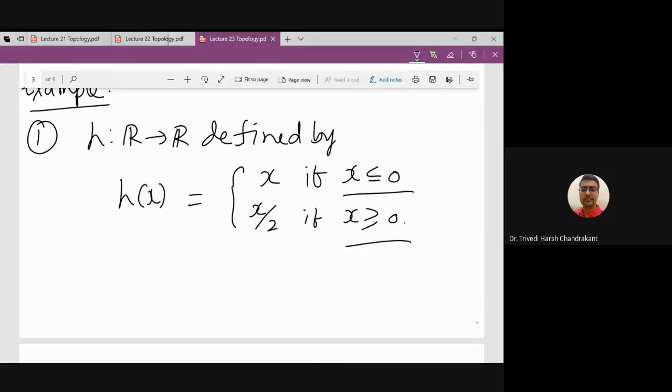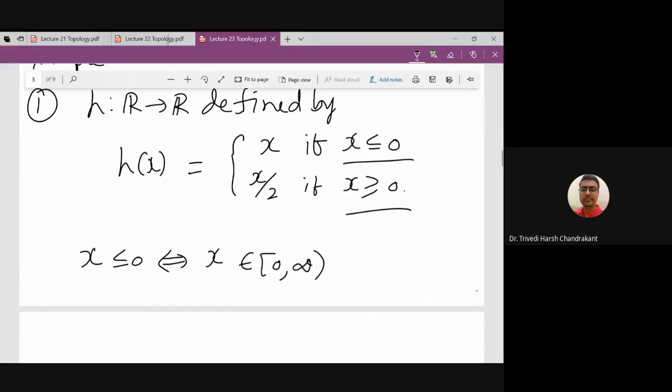So x less than or equal to 0 means x belongs to minus infinity to 0. Similarly, x greater than or equal to 0 means x belongs to 0 to infinity.